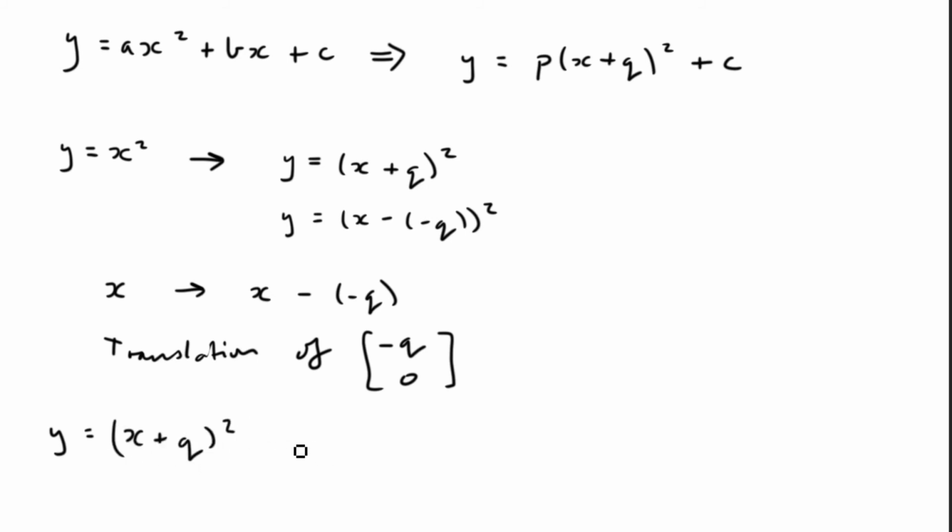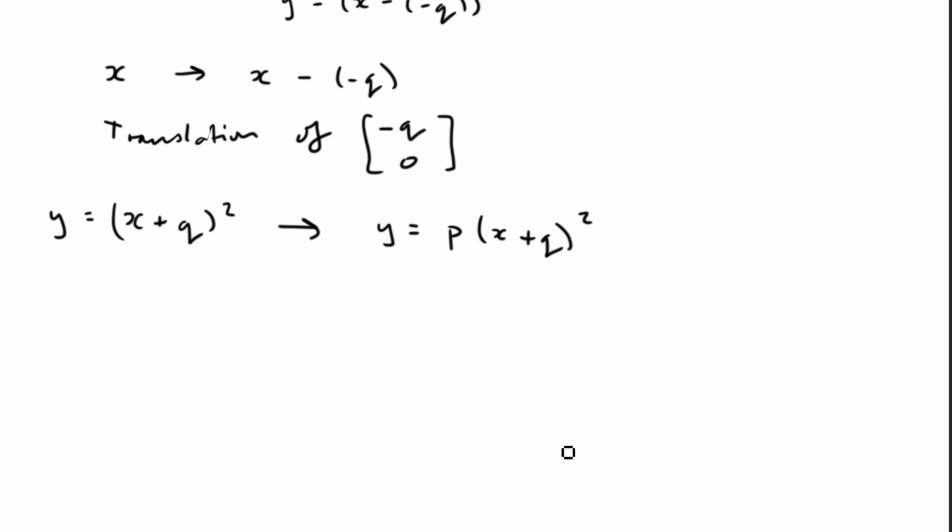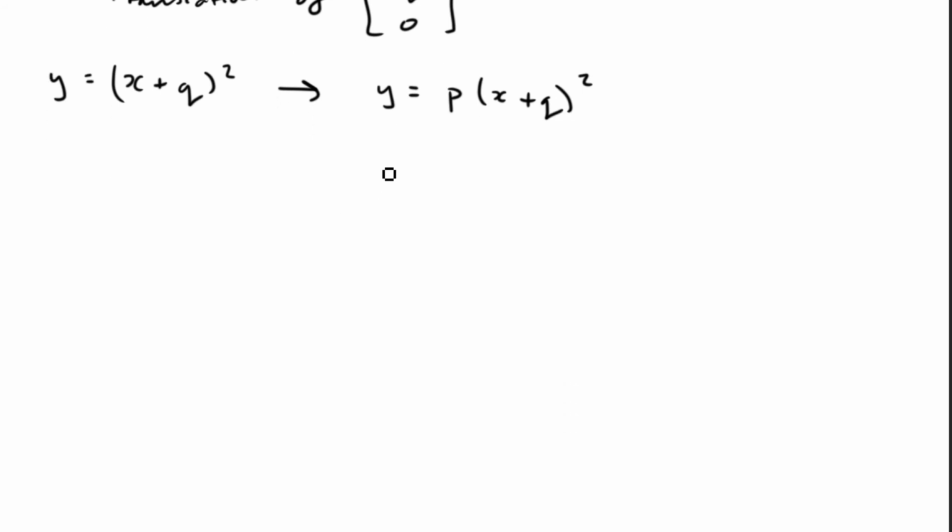Next, we'll transform that into y is p times x plus q squared. Now we can rewrite this new curve as y divided by p is x plus q squared.